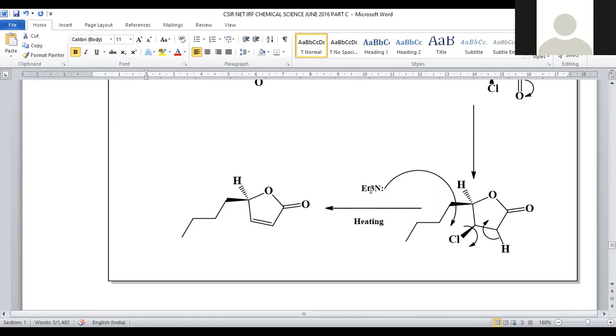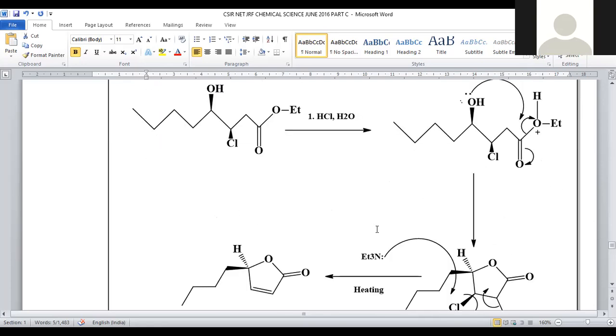So in the second condition, we are adding a mild base. What is that? Triethylamine, a mild base, is added. Triethylamine is used to pull the H plus from the center. When H plus is abstracted by triethylamine, the carbon forms a double bond, and subsequently chloro will be discarded, so that we got a carbon-carbon double bond here.